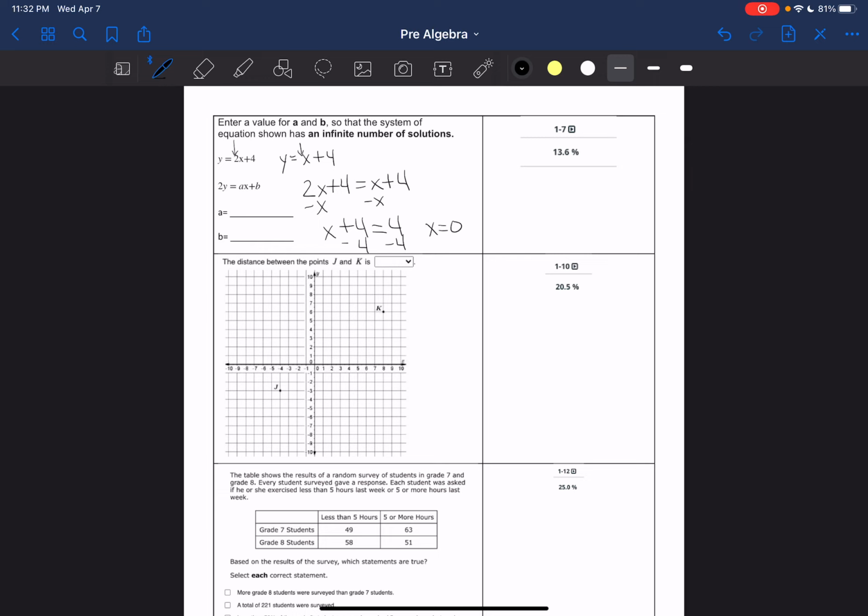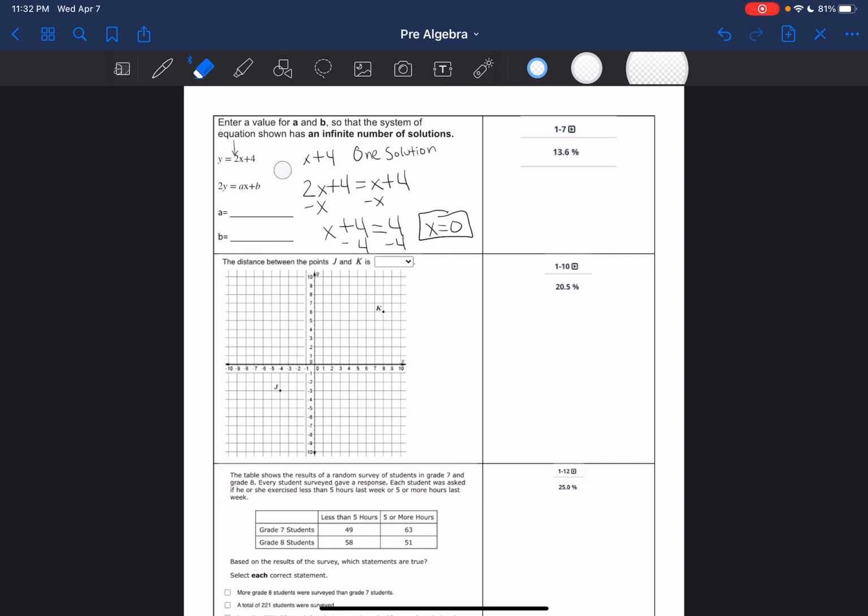I'm left with one solution when the coefficients are different. If you were to put x equals 1, that would be incorrect. If you put x equals 100, that would be incorrect. The only answer that would be correct would be x equaling 0.